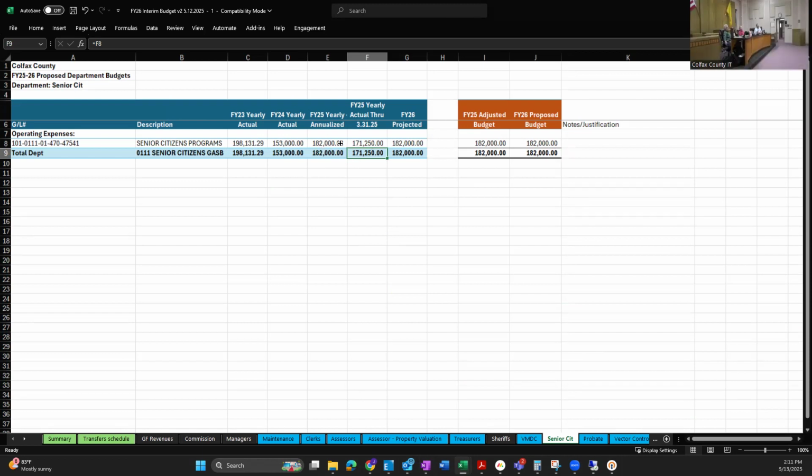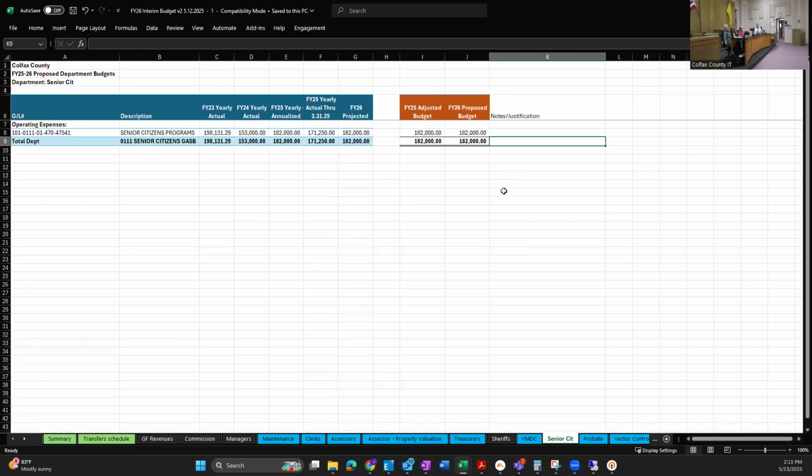No, I think it would be in addition, because what we're doing is we're funding the Colfax Senior Citizen Centers, which encompass Cimarron, Springer, and Raton. And then Eagle Nest too. The Eagle Nest is separate though, because they're separate from the Colfax County Senior Centers. Really? Yeah, they're their own entity up there. Yeah, I'll work on getting some numbers. I'll reach out.